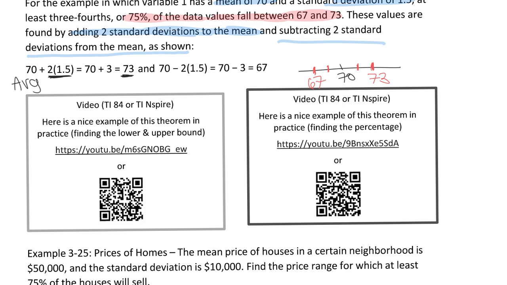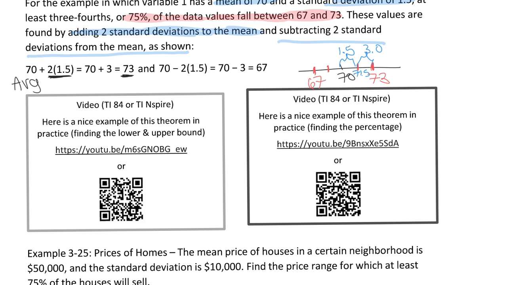So 71.5 would be 1 standard deviation away, while 73 would be 2 standard deviations away. And on the left, the same would be true.